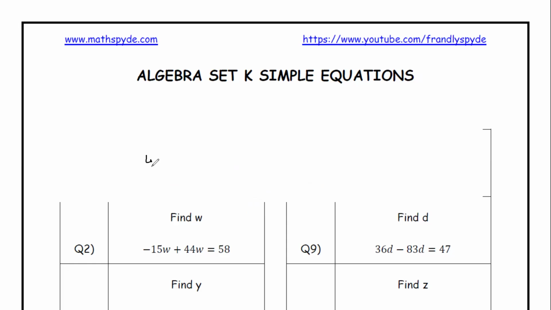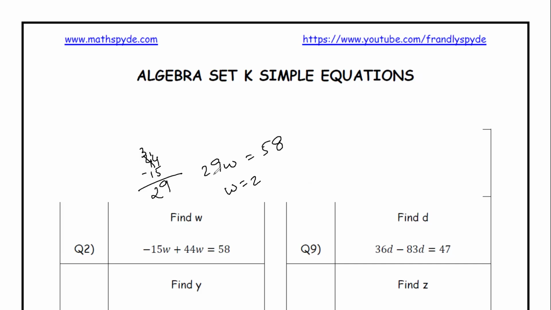Do the math, 44 and negative 15. Take one from 4, got 9 here. So it's positive 29w, which is equal to 58. And we know that 58 is twice 29. Therefore, w is equal to 2.